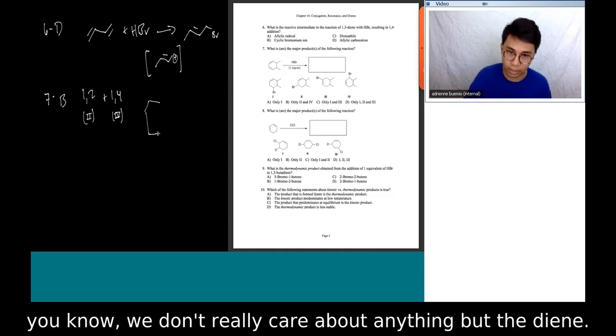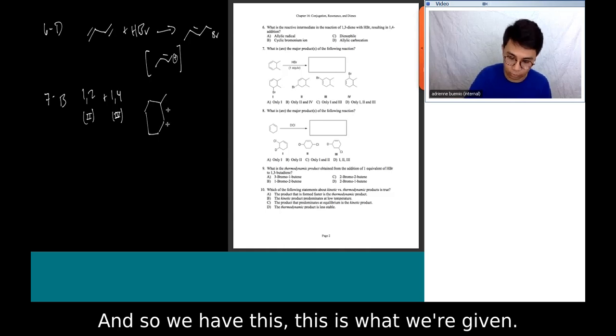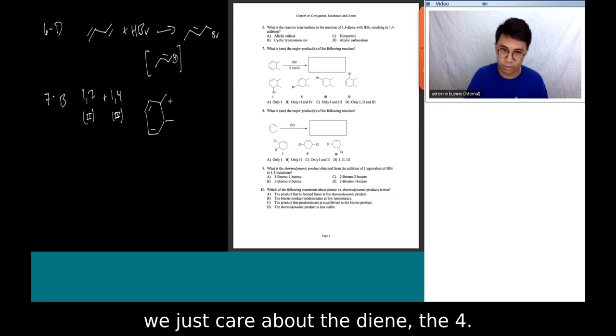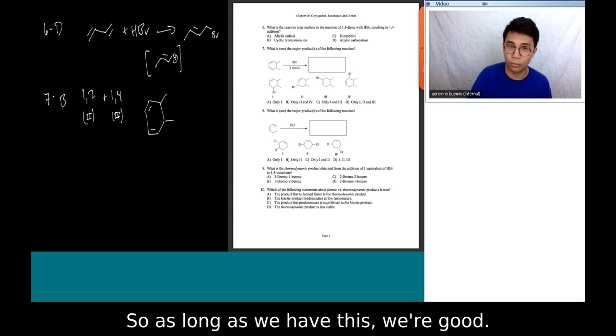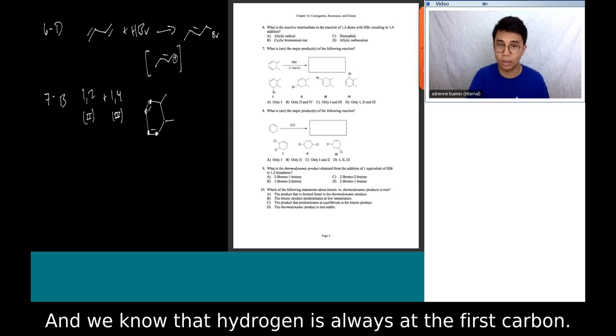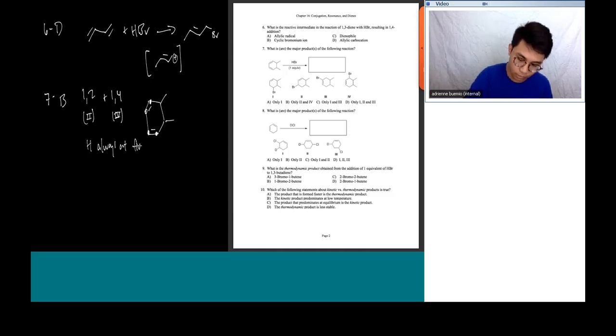So the thing with addition reactions, let me just draw this. We don't really care about anything but the diene. So we have this. This is what we're given, right? We don't really care about the rest of this. We just care about the diene, right? As long as we have this, we're good. And we know that hydrogen always goes at the first carbon.